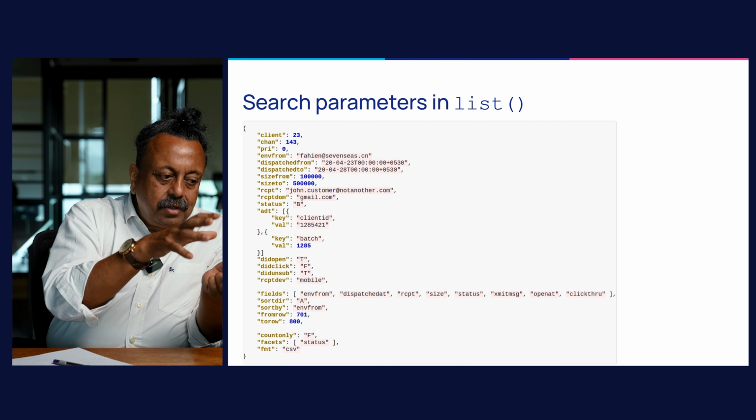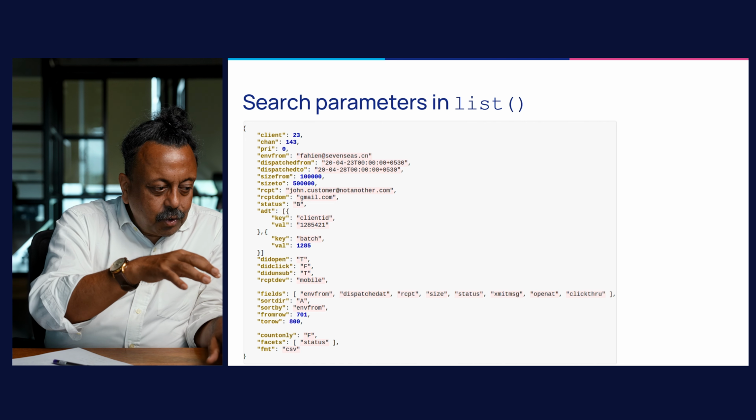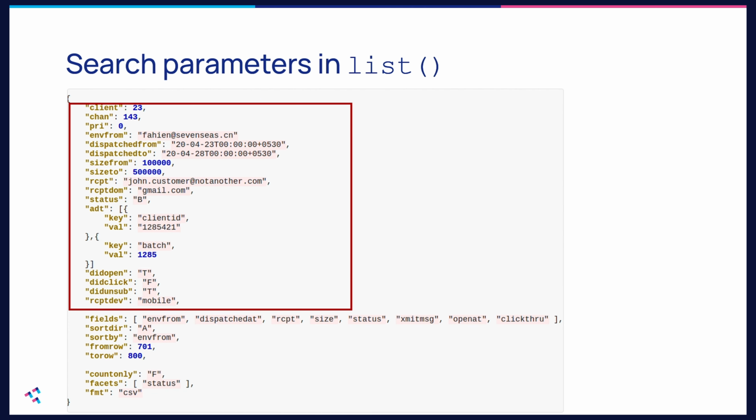So let's look at it a little more closely. Look at this set of parameters. This set of parameters specifies all sorts of filters by which I will request a subset of the records. So I am saying, give me those accounts whose client ID is 23.